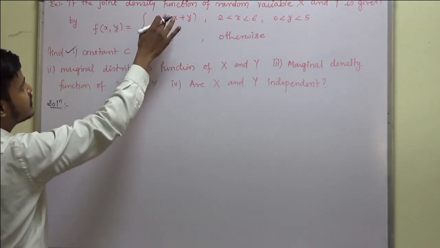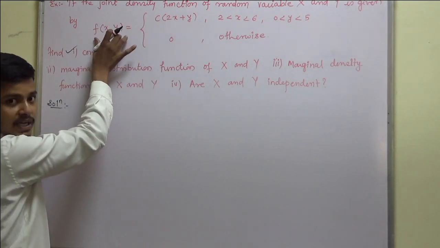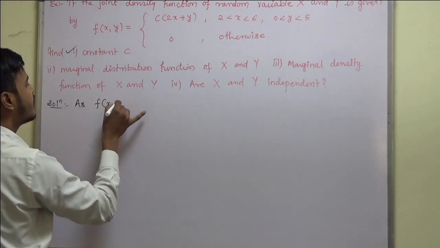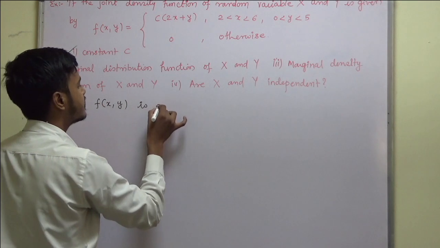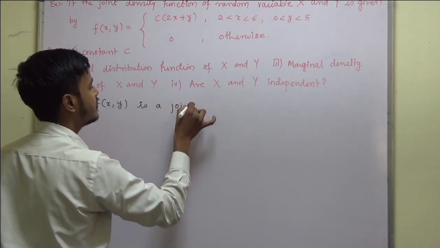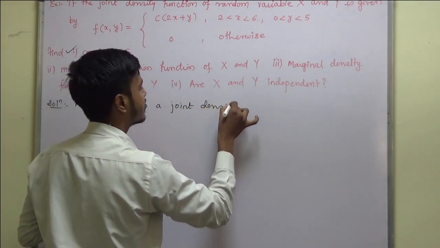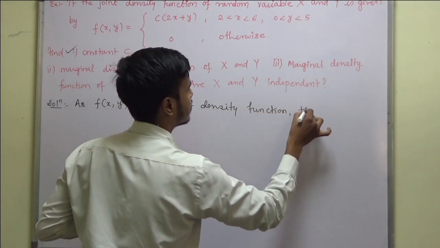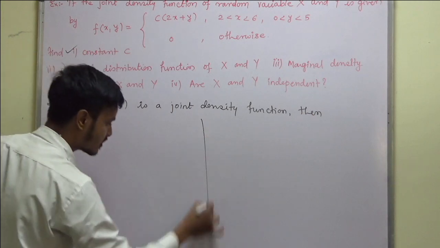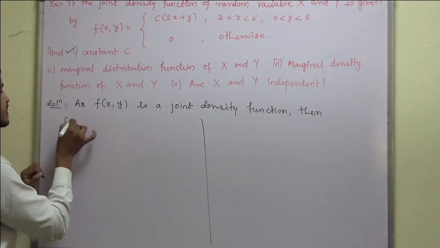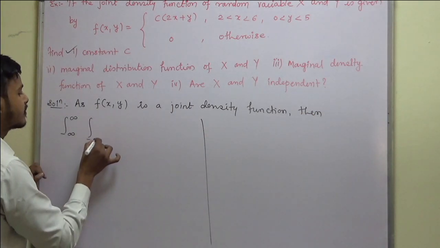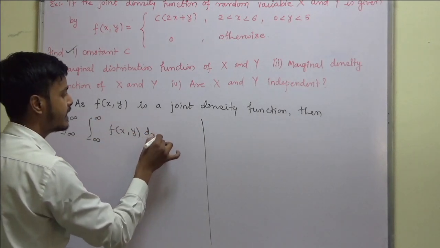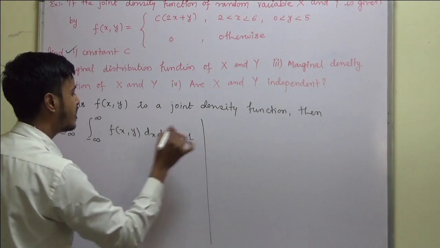So what is given to us? We are given that f of xy is the joint density function. So you can write, as f of xy is a joint density function, then integration from minus infinity to infinity of f of xy dx dy is equal to 1.